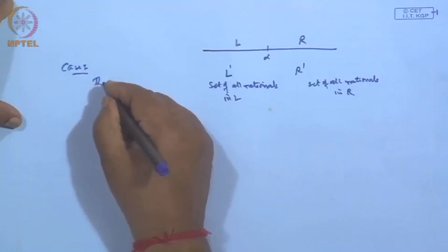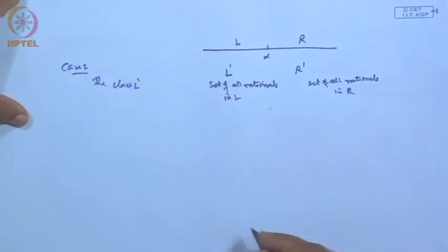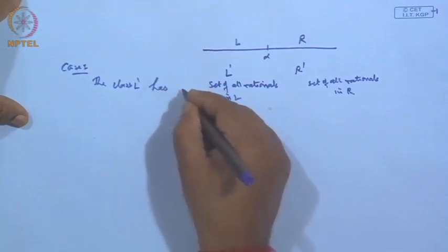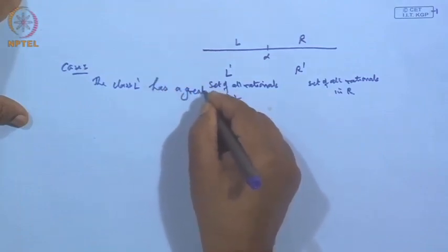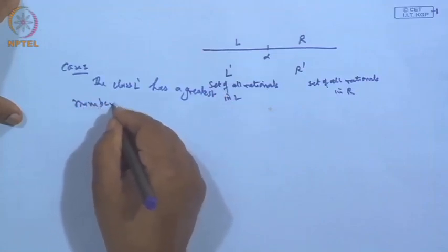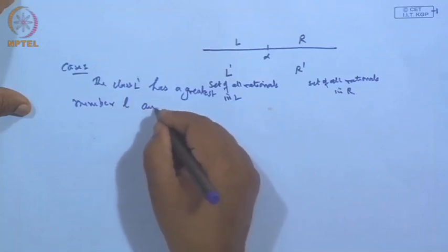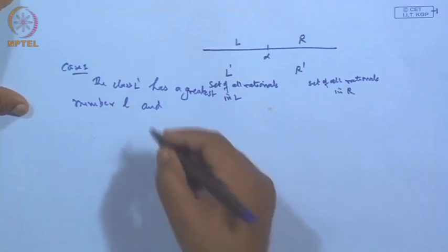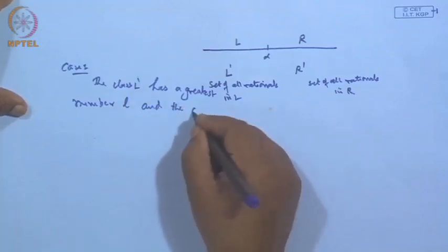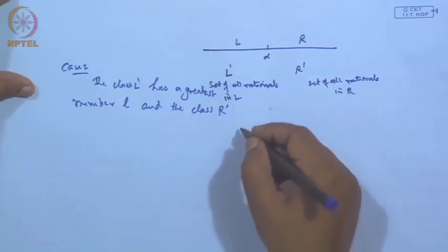First case: suppose the class L dash has a greatest number, say L, and the class R dash has no least number.